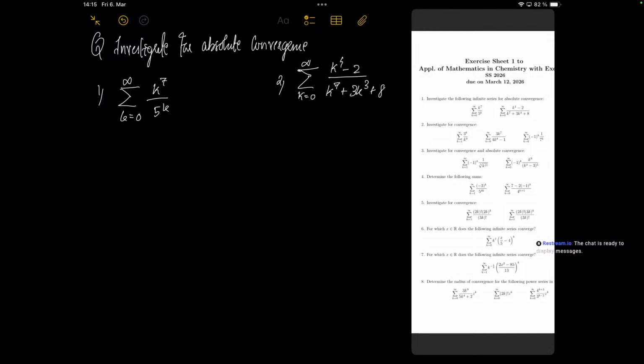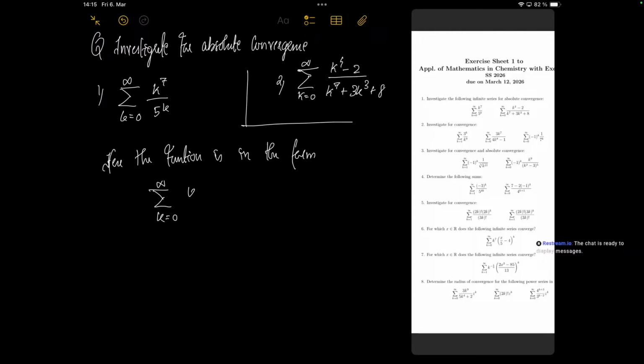Now, think. We're starting with this one. Here the function is in the form sum from k equals 0 to infinity of k^x over a^k, where a is a constant.